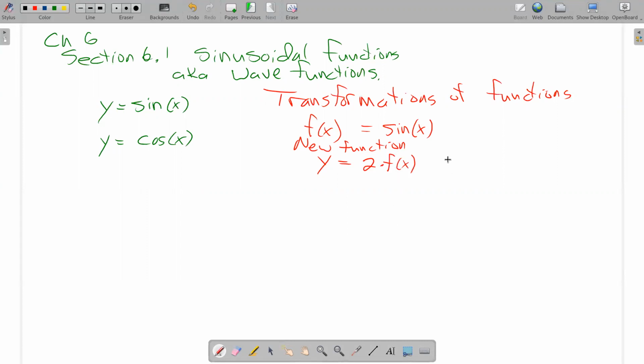What does this new function look like? How is it different from the original? In this case, f of x is the sine, so I want to know what twice the sine of x looks like. One way to think about this is that f of x is the y value, and I've just doubled the y values.